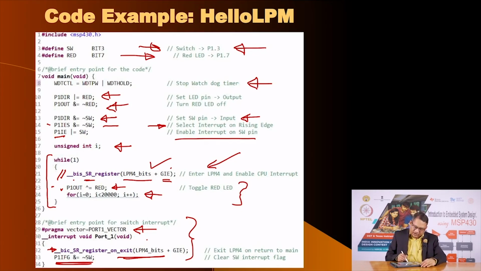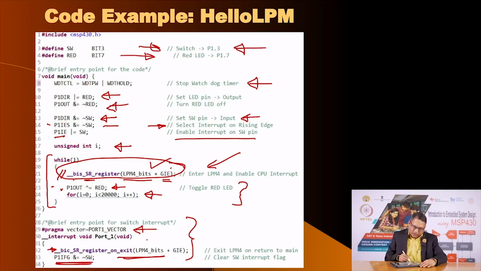If you comment out this instruction, rebuild your code and download it, you are going to just see the LED on port 1 bit 7 toggling at a rate of roughly a few times a second. The switch has no impact because we are not reading it in the main program and the interrupt is not enabled.